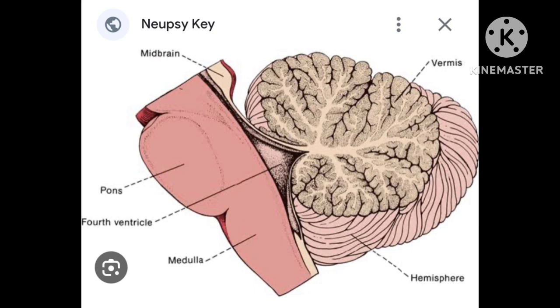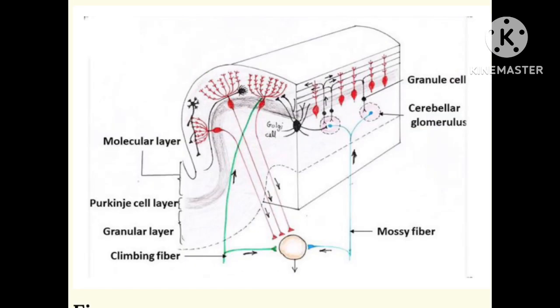Afferent fibers are the climbing fiber and mossy fiber. The climbing fiber synapses with the dendrites of the Purkinje cell in the molecular layer, and the mossy fiber forms the cerebellar glomeruli with the axons of the Golgi cell and dendrites of the granular cell.